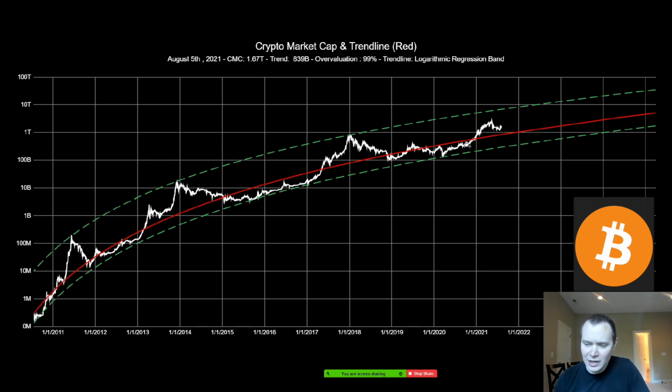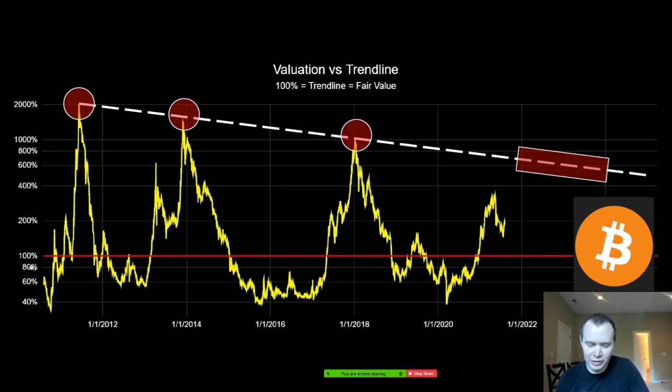If you take the percent difference between the white line and the red line and shift it by 100%, so that you get the undervaluation on the logarithmic scale below 100%, this is what you get. This is why I think this was not a market cycle peak, because it's so similar to 2013.